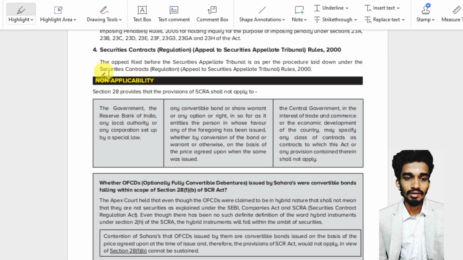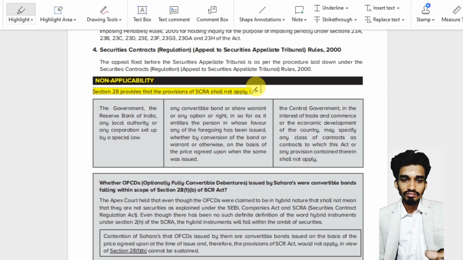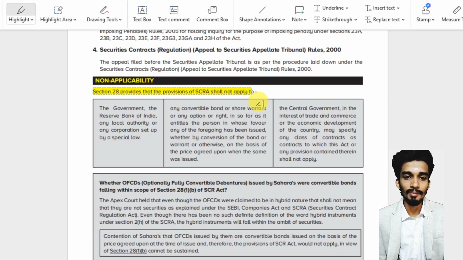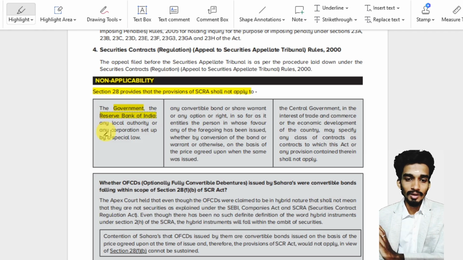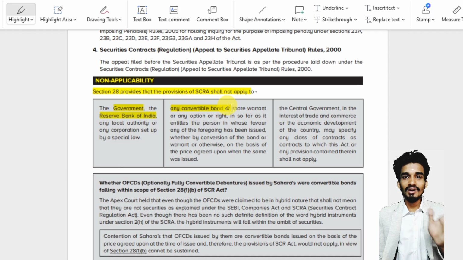Section 28 talks about non-applicability for these persons and for these securities. The SCRA Act won't apply for whom? For the government, for the RBI or any local authority. The SCRA Act won't apply for them. And any convertible bond, which can be convertible into equity shares, right?